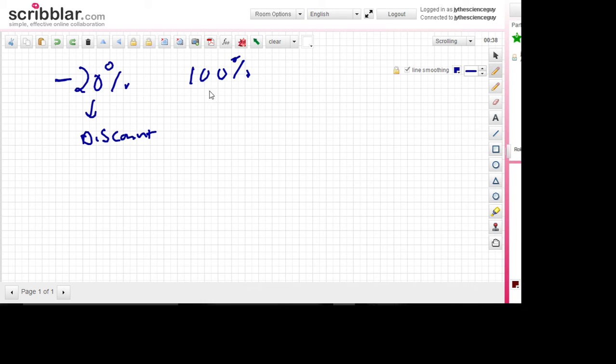So how much of the boat price do I actually pay if it's 80%? So then you would do 80 times 22,000.